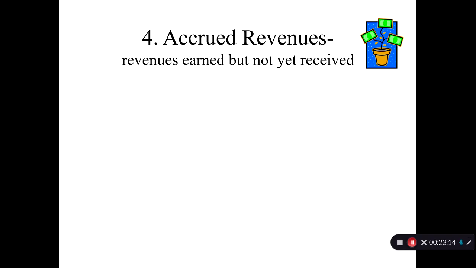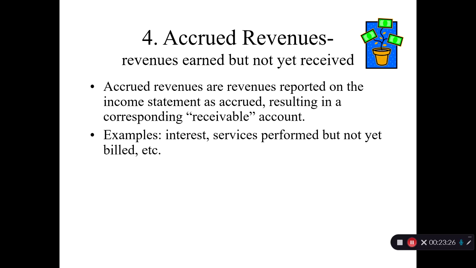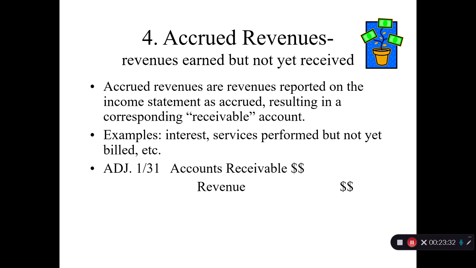Okay, the fourth adjusting entry is accrued revenues. These are revenues that we earned, but we haven't received. These are those receivables. These are those bills when we mail out our bills. So it's going to result in a corresponding receivable account. So examples include interest, services performed but not yet billed. So an example of an adjustment here would be to debit accounts receivable.